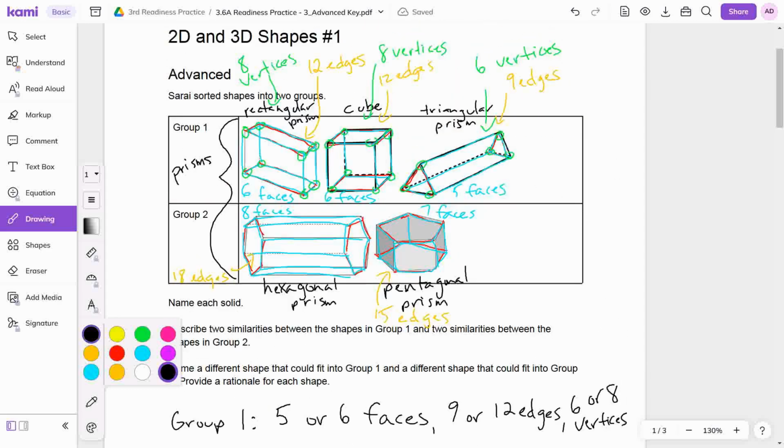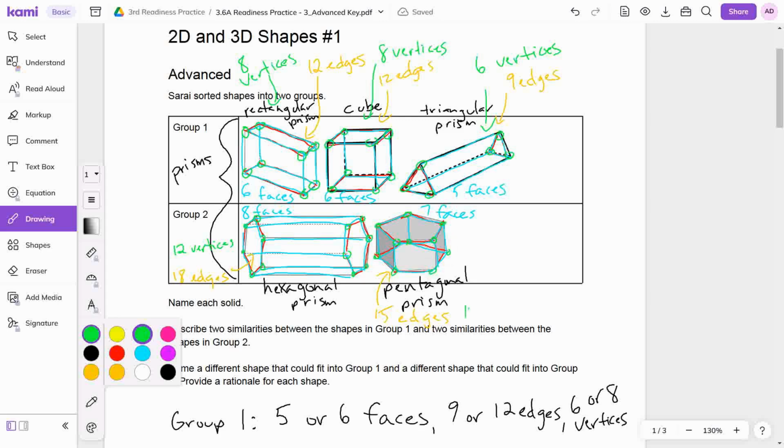And then let's do the same thing with my vertices. 1, 2, 3, 4, 5, 6. Remember, you just take your number of sides on your base and you double it. So 12 vertices. So I'm going to find 10 on here. 1, 2, 3, 4, 5 on the top. 1, 2, 3, 4, 5 on the bottom.